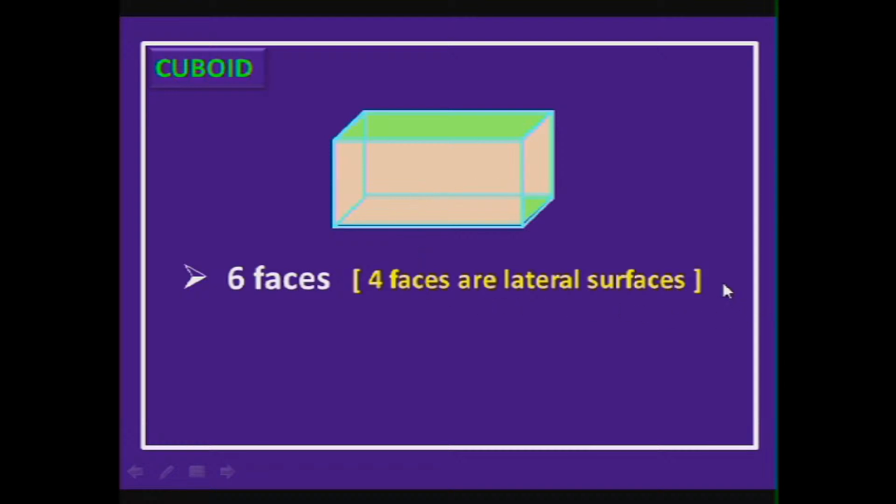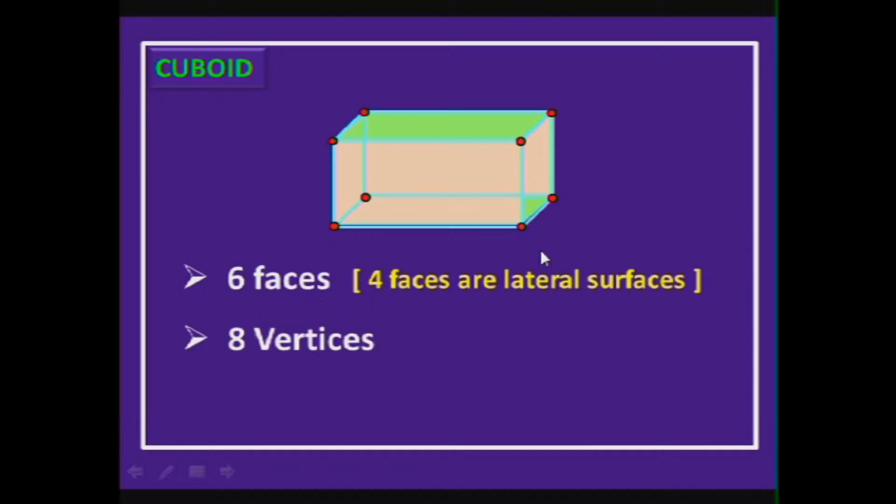Got it children? And next, if you notice, we have seen some points over here, right? They are nothing but the common point of these 3 line segments. You can see this line segment, again this line segment and this line segment meeting at this common point. Now, this point is called a vertex. So, how many vertices do you see children?